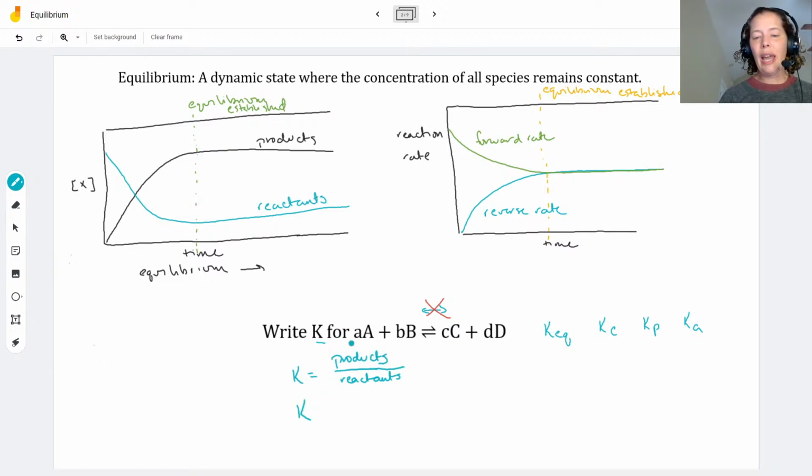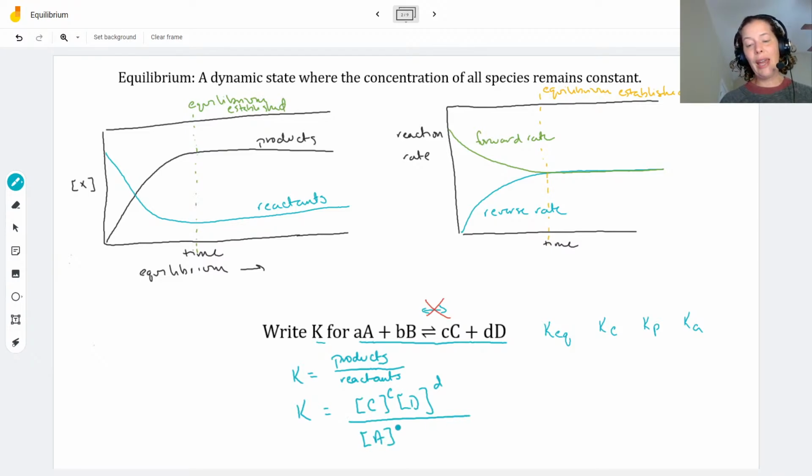If I am writing K for this reaction right here, my products are capital C and capital D, but they are each raised to their stoichiometric coefficients. So capital C is raised to the little c, and capital D is raised to the little d, and that's products, and we put this over reactants. So this is going to be capital A raised to the little a, and capital B raised to the little b. That is how we write all equilibrium constants.